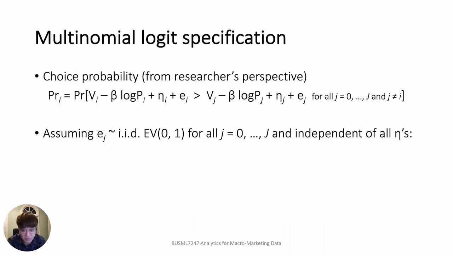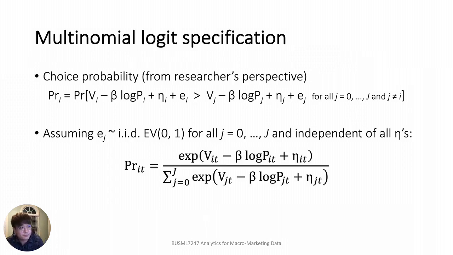Also, assume that those idiosyncratic errors are independent of all market shocks eta. Then, we have this form of the choice probability for brand i.